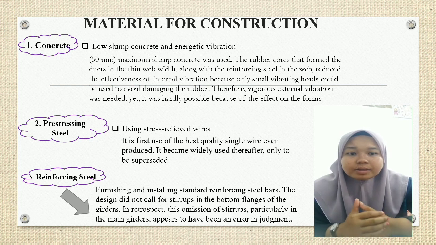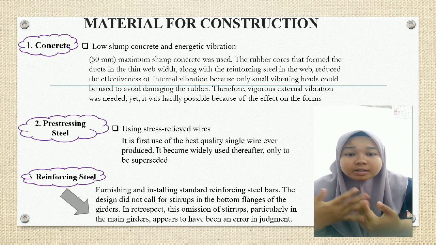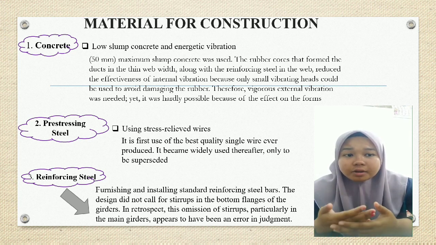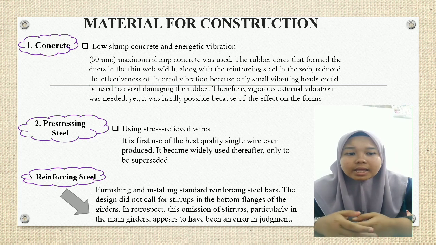Second, prestressed steel. The type of prestressed steel was stress-relieved wires. It was the first use of the best quality single wire ever produced. It became widely used thereafter.